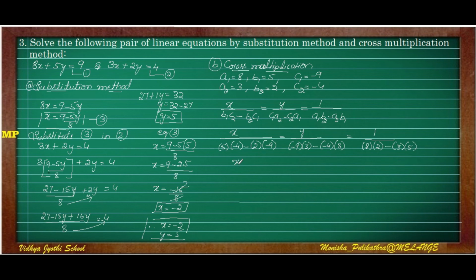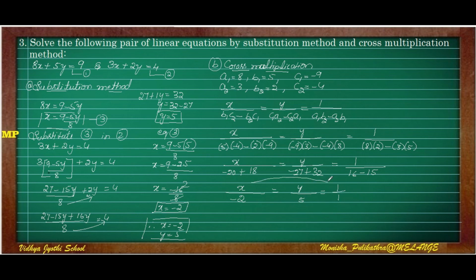So x divided by 5 fours are minus 20, here minus is there, so plus 9 twos are 18, is equal to y divided by 9 threes are minus 27, minus into minus is plus, 8 fours are 32, is equal to 1 by 8 twos are 16 minus 3 fives are 15. So x divided by minus 20 plus 18 is minus 2, is equal to y by 32 minus 27 is 5, is equal to 1 by 1.